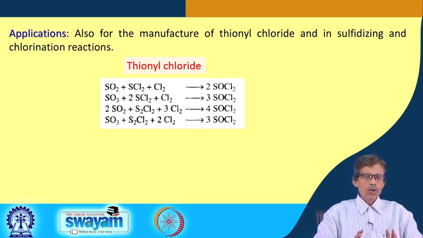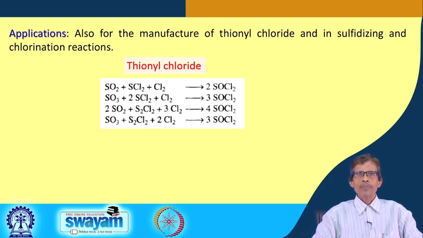There are many pathways or many reactions which can ultimately lead to this particular sulfur oxychloride, which we can consider as thionyl chloride. One other version of this type of molecule we know is the sulfuryl chloride, which we will also see, which is SO2Cl2.